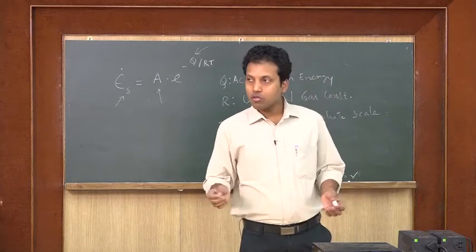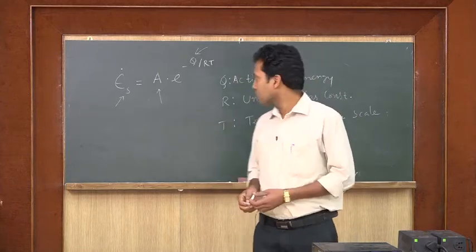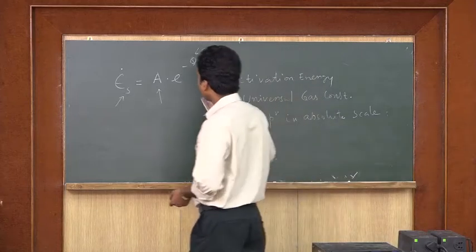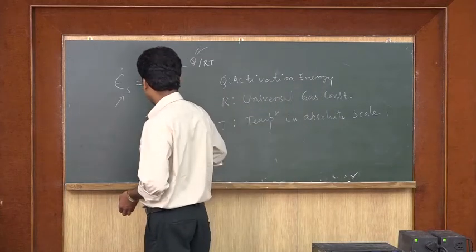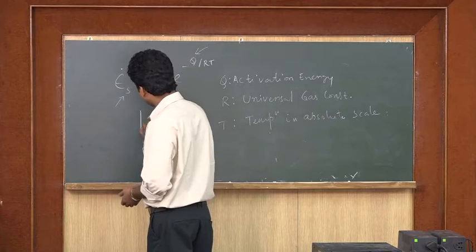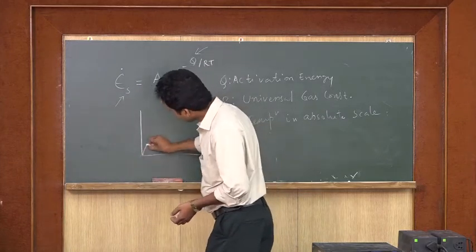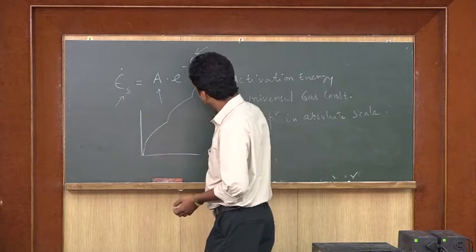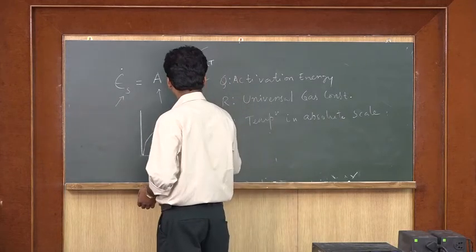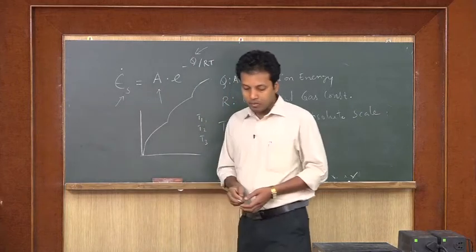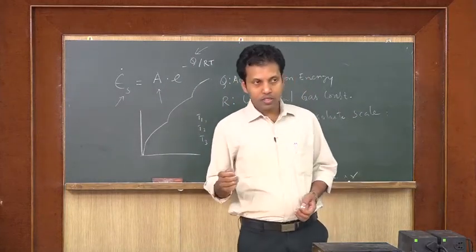Okay. So, if this is so, then for any creep deformation or creep behavior we can calculate the activation energy. How do we do that? Say we did a creep experiment using different temperatures.